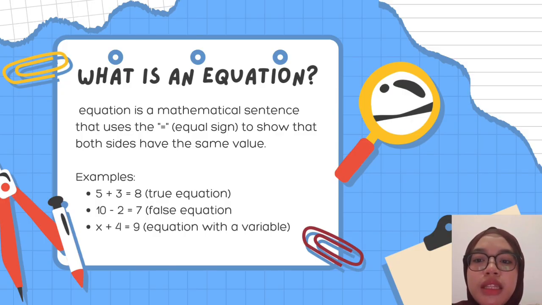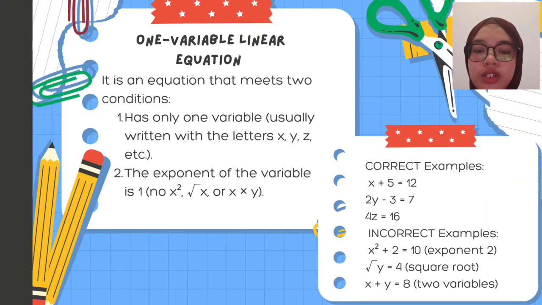And 10 minus 2 equals 7. That's a false equation. And for the last, x plus 4 equals 9. That's an equation with a variable.